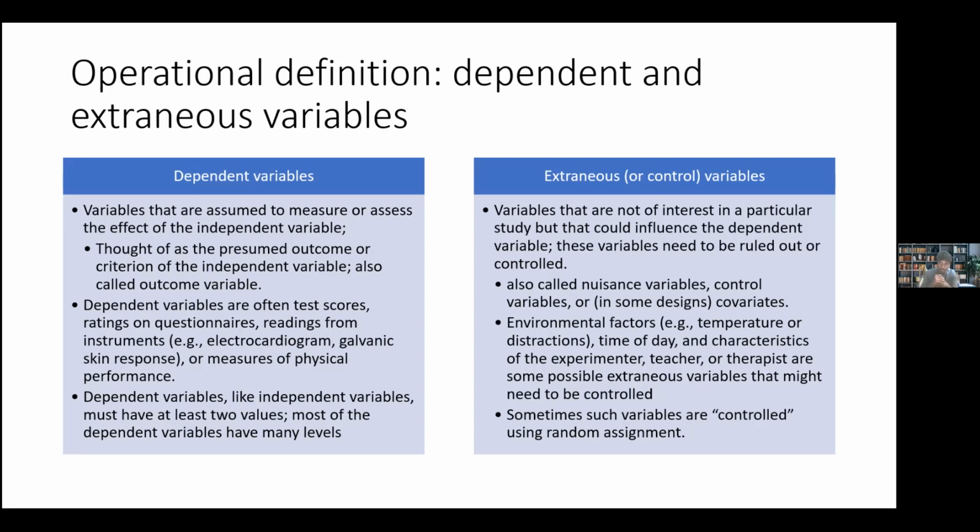Just because a person is doing well on, say, an achievement test, it does not mean that it is only because of a particular interaction or a particular therapy. It could be due to socioeconomic status and other things as well. That is what we call extraneous variables.